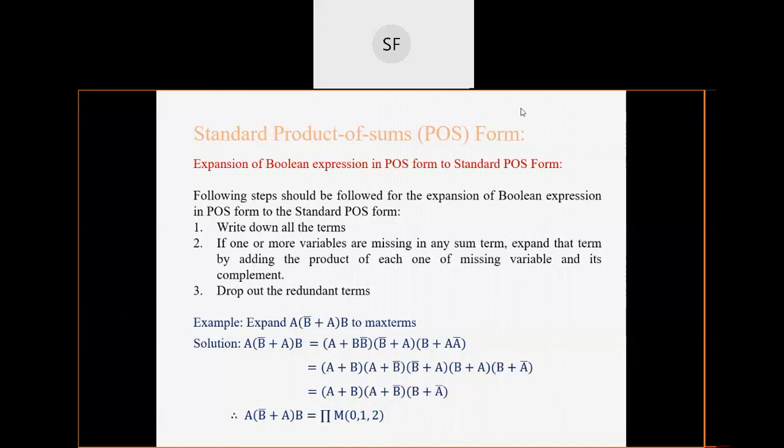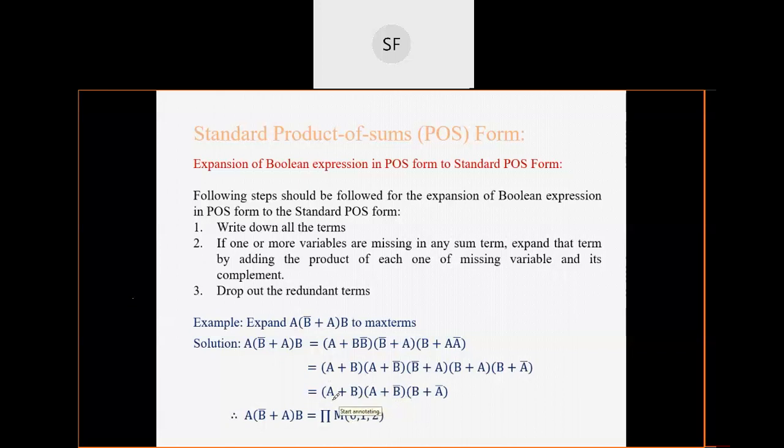If it is complemented, then that will be 1. If it is uncomplemented, then that will be 0, right? While discussing min terms it was okay, but now here it is different.